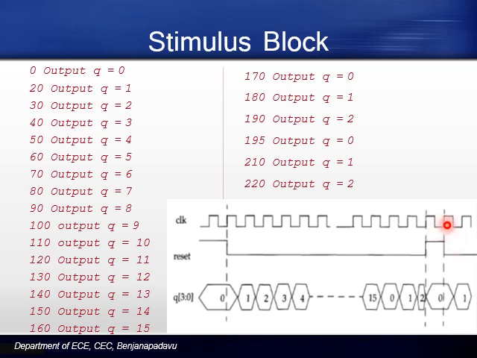So the next negative going transition will happen at 210, that is, 205 plus 5 is 210. At this point the counter will start counting. So at 210 Q is equal to 1, at 220 Q is equal to 2, and so on.